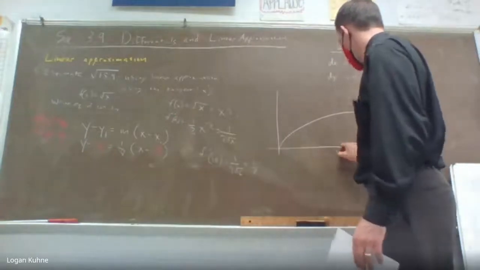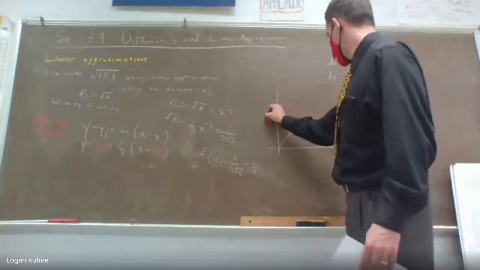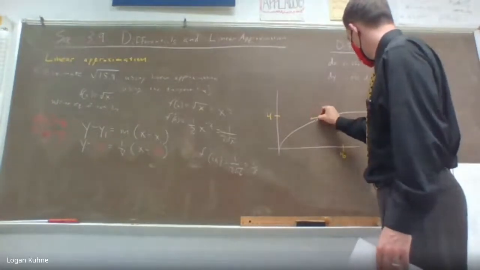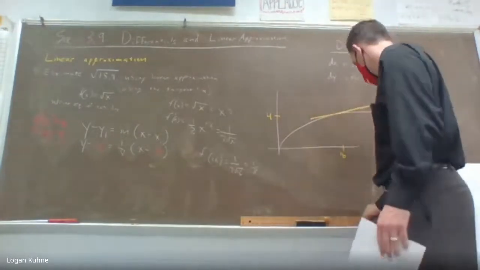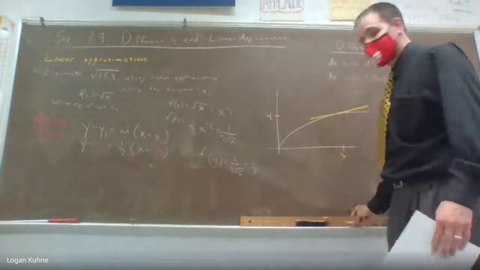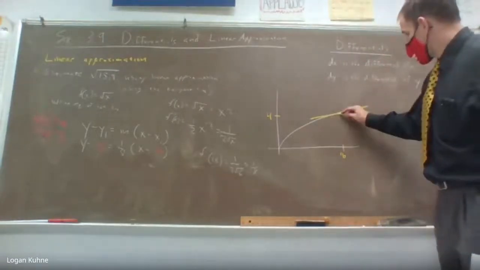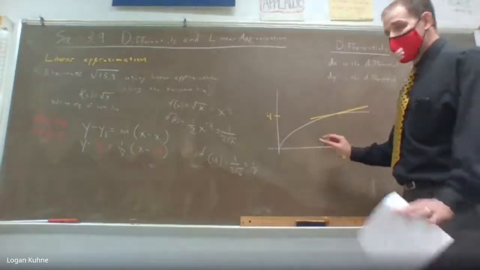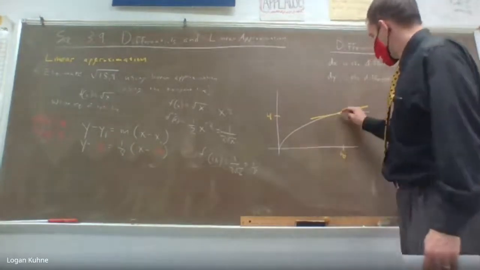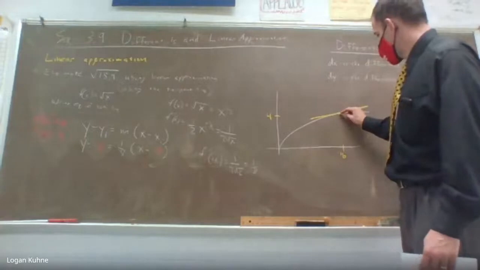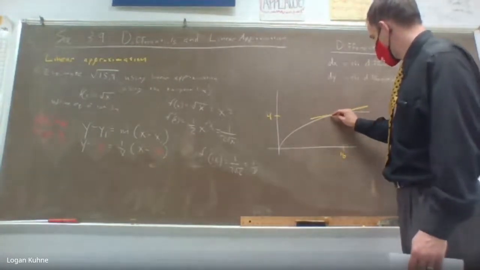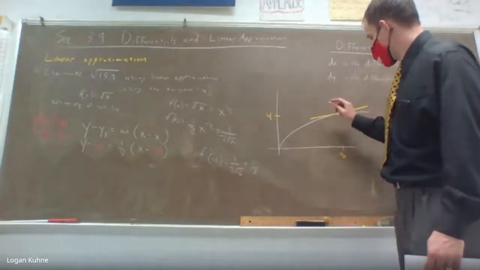At 16, right here, I've got this tangent line. Correct? Right here, that's where it actually touches. Again, this is not to scale. If I want to know the square root of 15.9, I would be looking on this curve down here, the white curve.